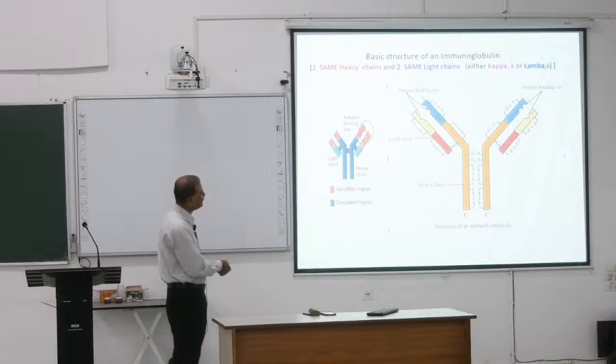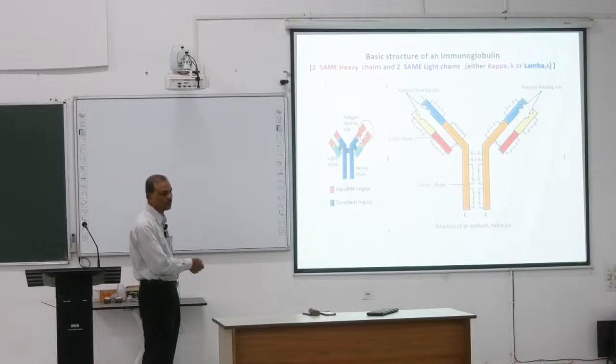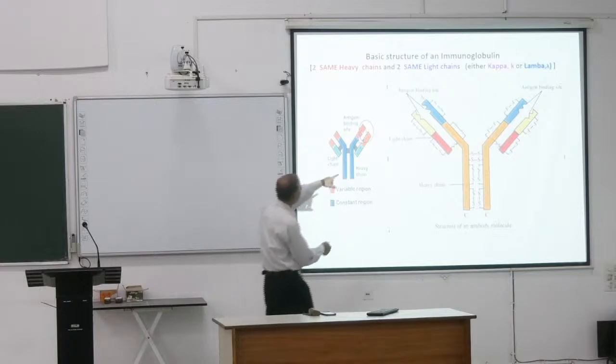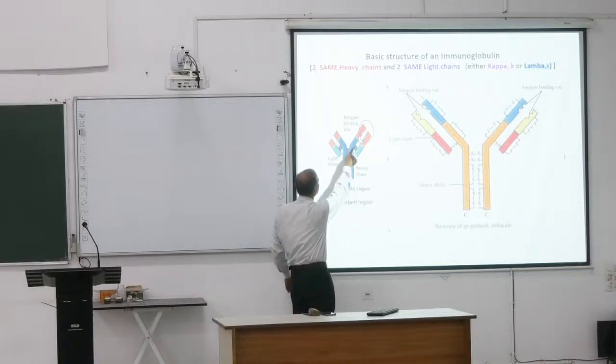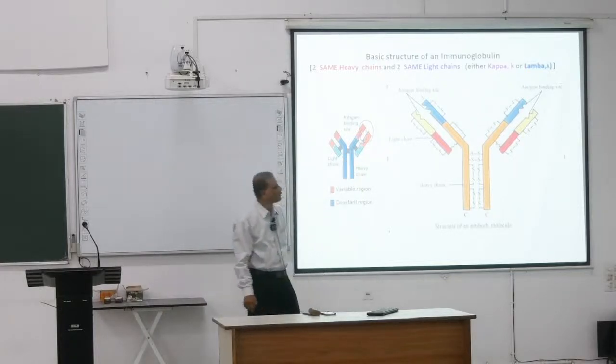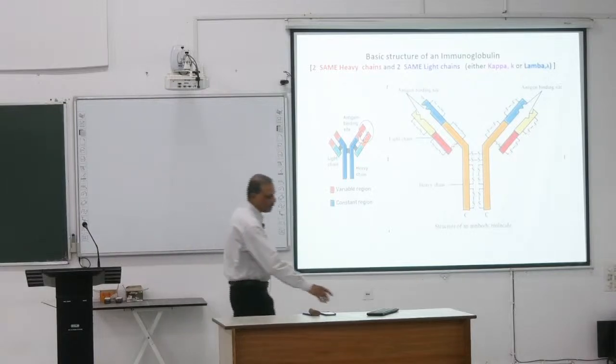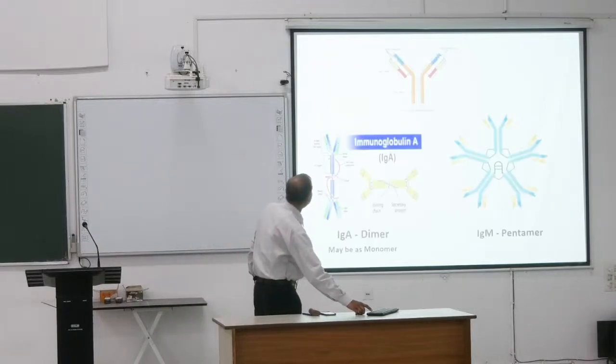So this is the minimum structure, a monomer, which has two antigen binding sites. It means one molecule can bind two antigens. The whole antibody doesn't bind, only a small part. This part that binds the antigen is called the paratope. So this is a monomer.